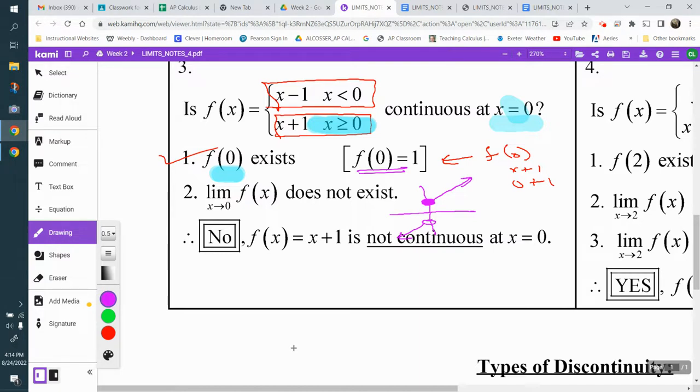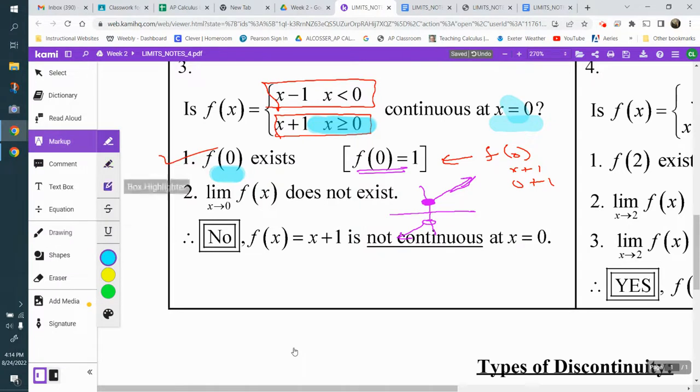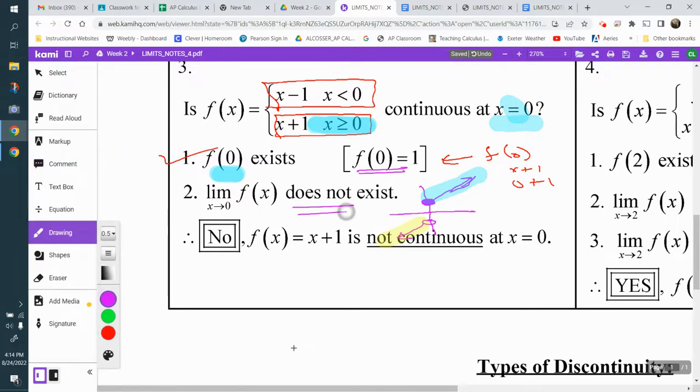So I have to look at this graphically. Factoring and plugging it in doesn't work. If I look at it graphically and I come in from the left and the right, I'm going to come in from the left. That's going to approach -1. And I'm going to come in from the right. That's going to approach 1. Since they're approaching two separate values, the limit does not exist.